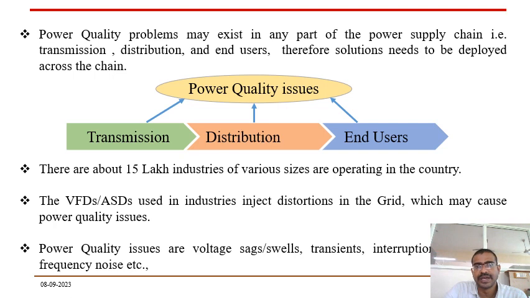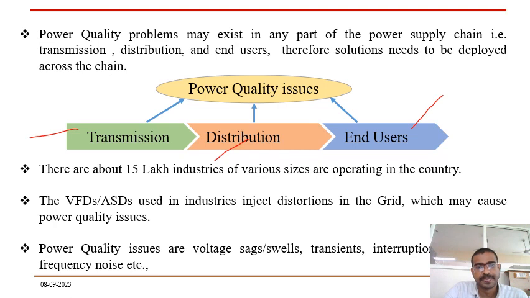Power quality problems may arise in any part of the power supply chain. That means it may arise on the transmission side, distribution side, or end user side. Hence it is required to develop solutions at the transmission side, distribution side, and end user side, across the supply chain.